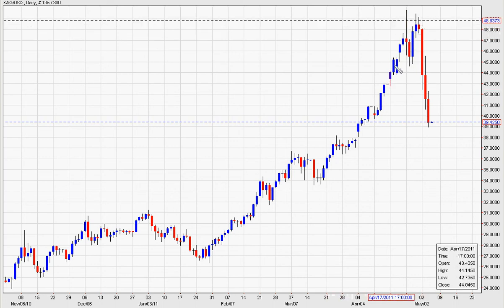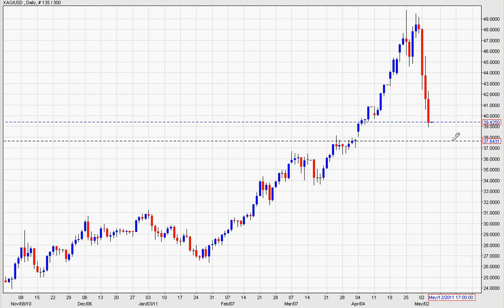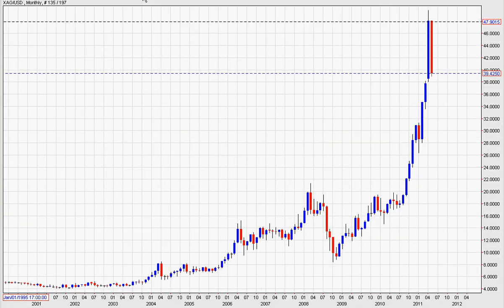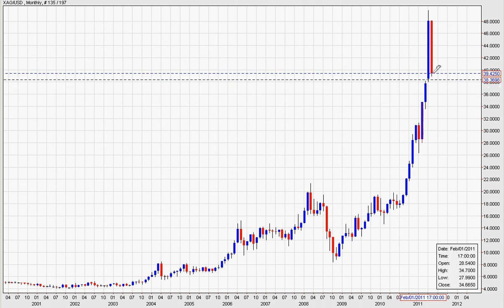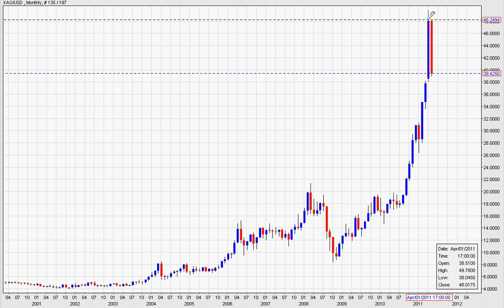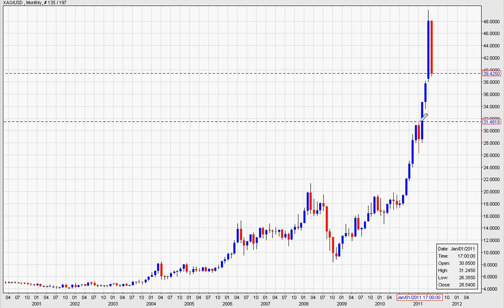This isn't clear, but we certainly had that sell-off. And this was after finally reaching record highs. These past few months have been insane for silver, and huge parabolic movements like this usually get retraced very quickly, and you can make a ton of money on the short side.